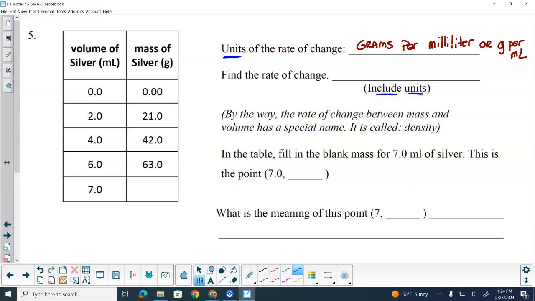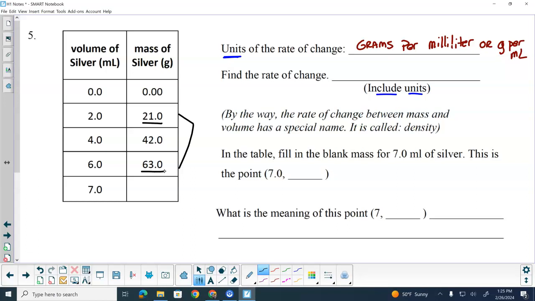Okay? So, which 2 points do we want to pick? First and second, second and third, third and fourth, first and third, first and fourth, second and fourth. Second and fourth, I heard, was the first one that I heard. Okay? So second and fourth. What is the change? How do I go from 21 to 63?